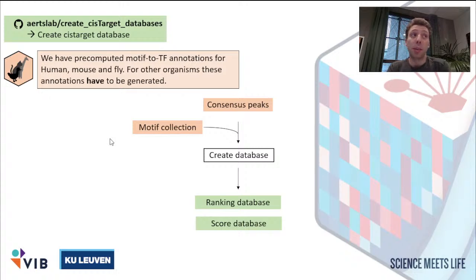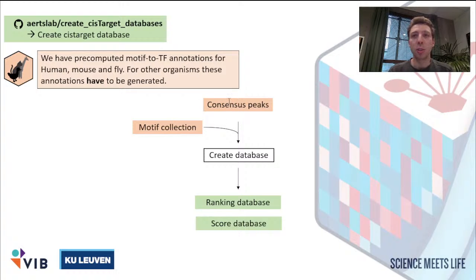These regions are generated agnostic of your analysis, and they just cover a fraction of the genome. They might be based on different cell types from your analysis. So we strongly suggest to create your own cisTarget database based on your consensus peaks.